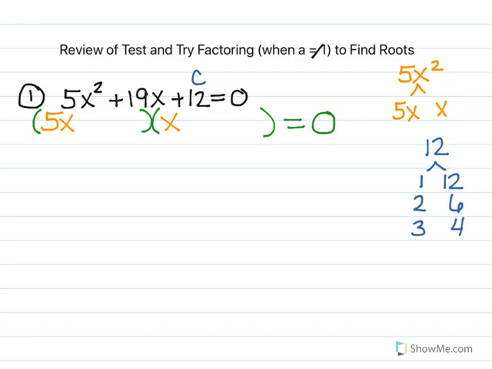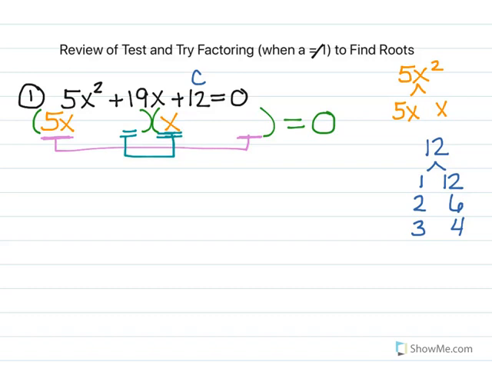So you'll notice that none of these factors add up to 19 right away, and that's because we have to consider that this 5x is going to be multiplying whatever we decide to put in the outer part of the second parenthesis, and the inner terms, so that would be your x, and whatever you decide to put in the first parenthesis, those two things are going to multiply together, and then the result has to add up to 19x.